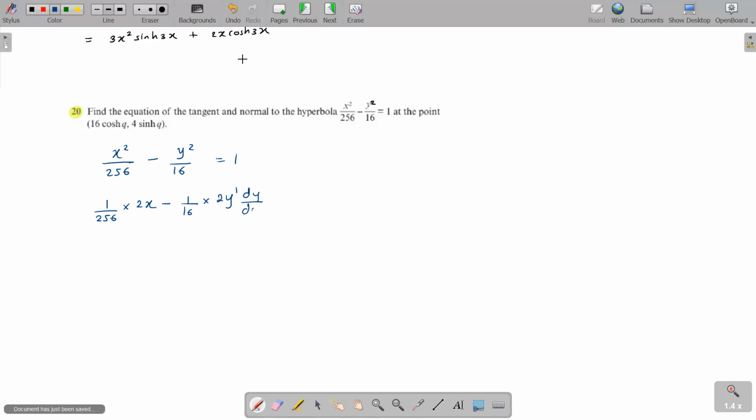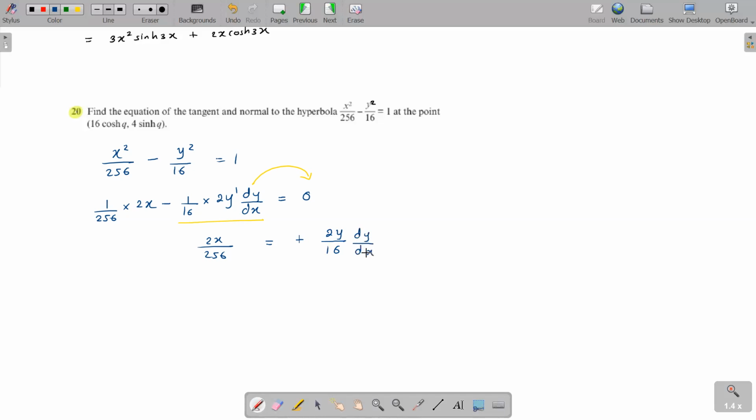This was completely discussed in the previous chapter. Differentiation of 1 is 0. That's why I did this immediately without much discussion. So I get 2x over 256. I'll take this entire term to the other side as a positive, plus 2y over 16 dy by dx.